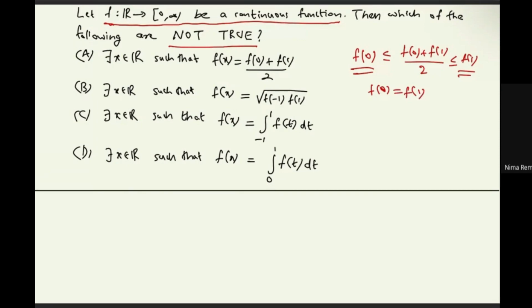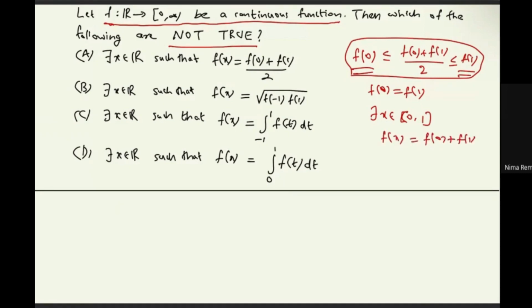In that case, this average, the arithmetic mean, will be the value itself, so you still get a real number. So in general we have this inequality. In fact, there is an x in the closed interval [0, 1] such that f of x is this average.